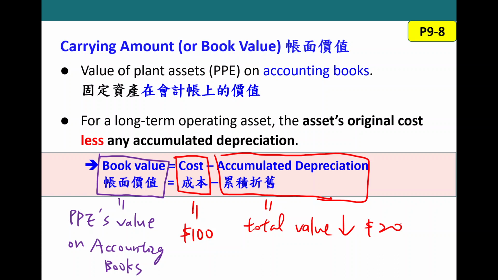So at the beginning, I spent $100 to buy my PPE. After I use it, its total value decreased 20. So could you tell me what is my PPE's value today? Your PPE's value today is only $80. So this is the value now.